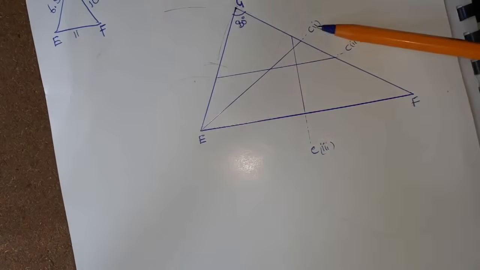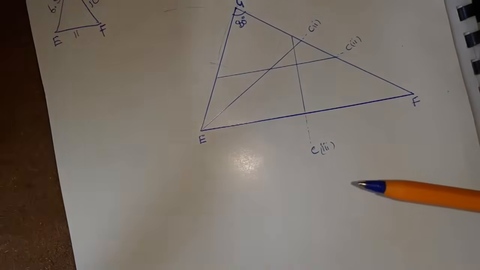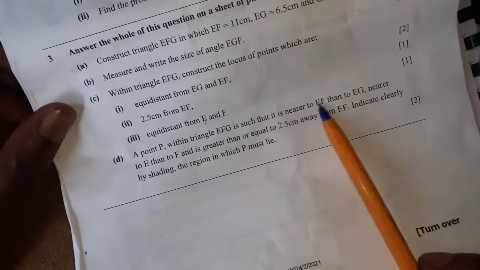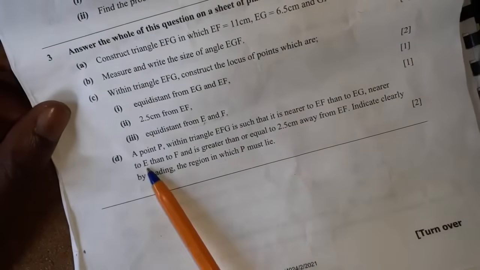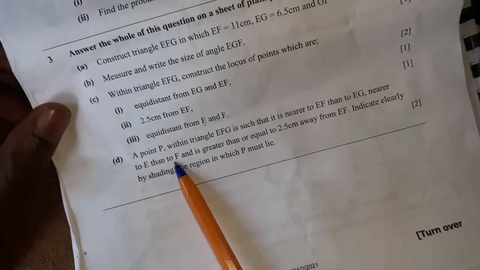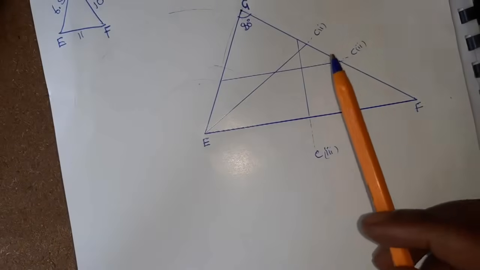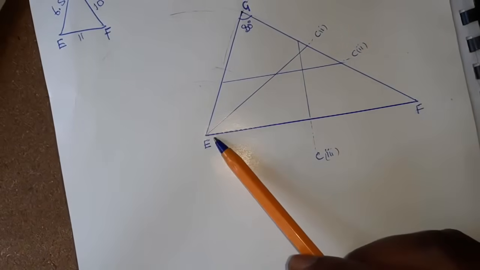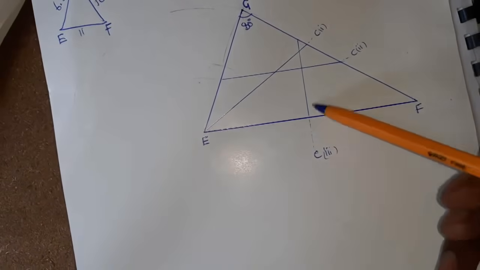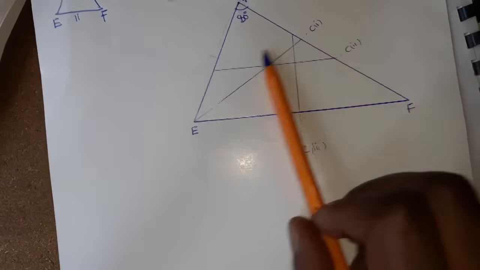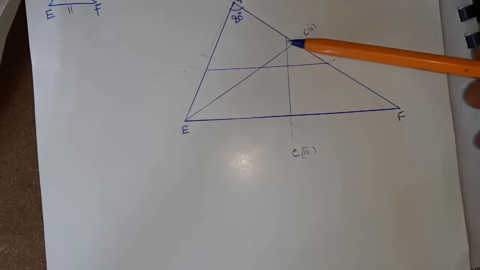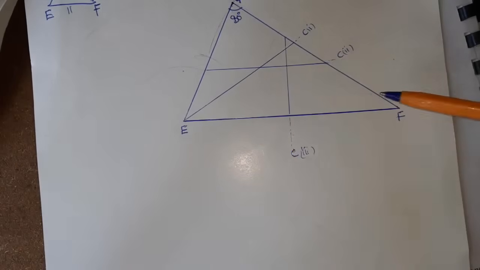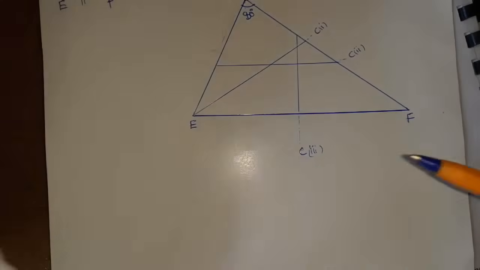Then nearer to E than F. So we are considering this one, so it is this side. When we are looking at this line here, nearer to E than F, so we are looking at this side.